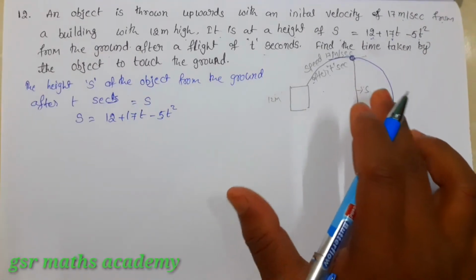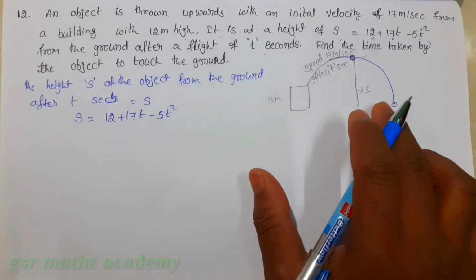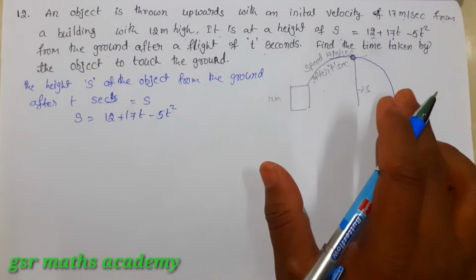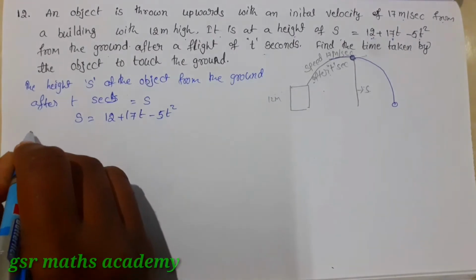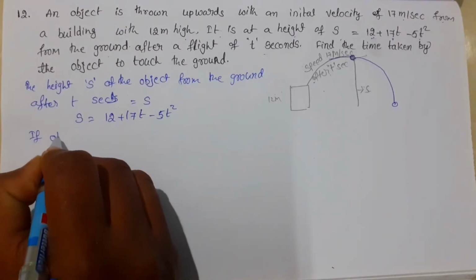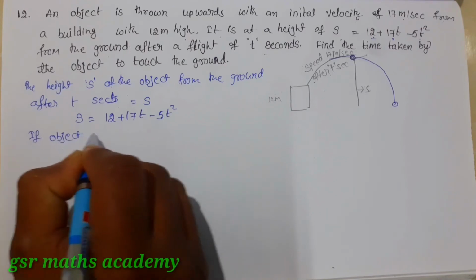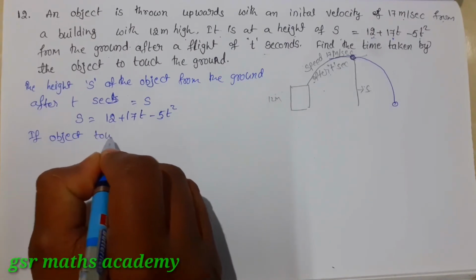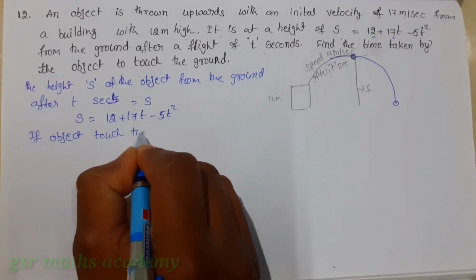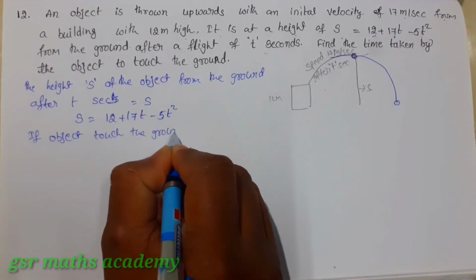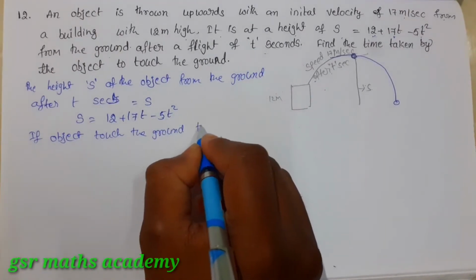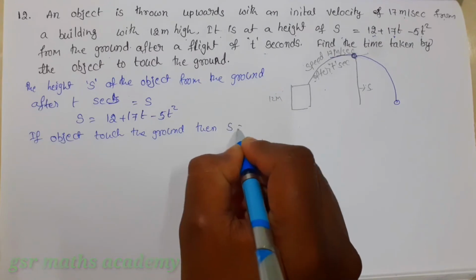If an object reaches the ground, then height becomes 0. Let me write that: if the object touches the ground, then s is equal to 0.